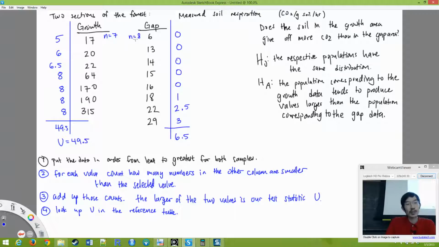So whichever is the larger sample size, that is your n, and the smaller sample size is your n prime. Okay? It doesn't matter whether the values are big or small in which one, it's just, in our case, we're going to use 8 for n, and then n prime is going to be 7. Okay, so just figure out your sample sizes. The larger sample size is n, the smaller sample size is n prime.